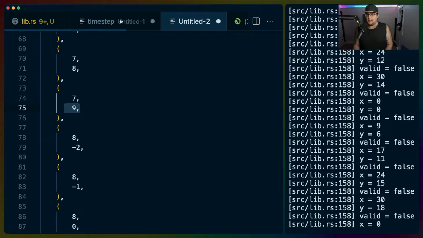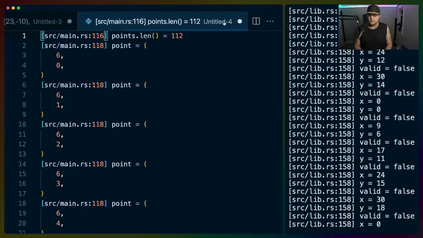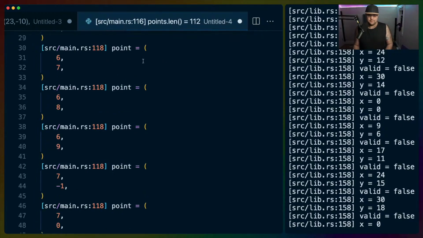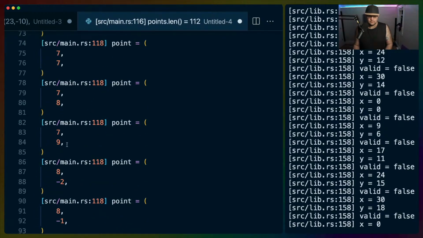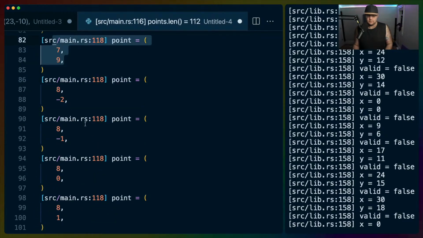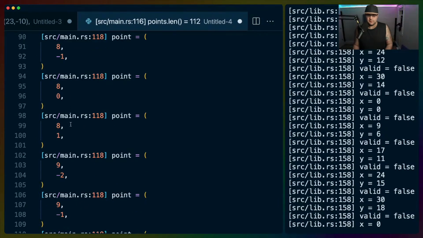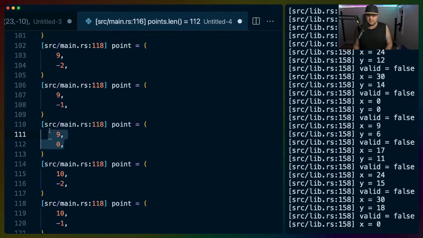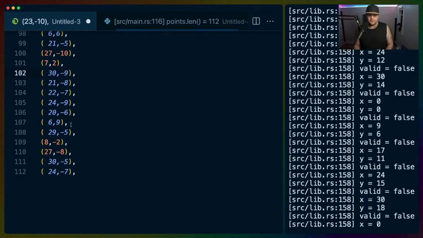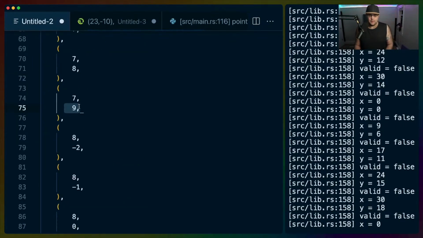So 7, 9 here. So specifically, I'm missing 9, 0. So I want to debug 9, 0 if we can find it.